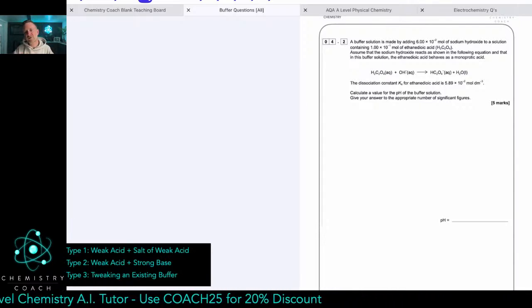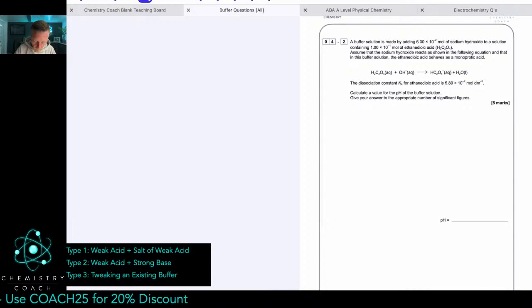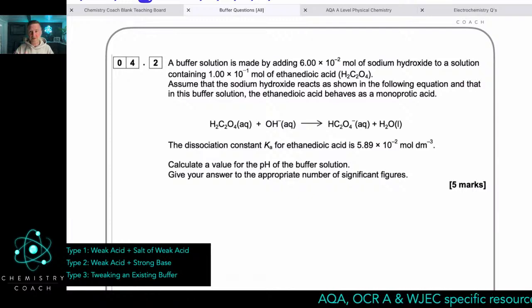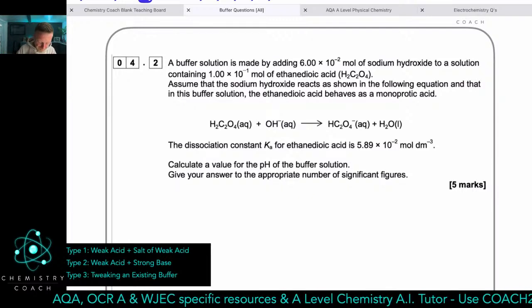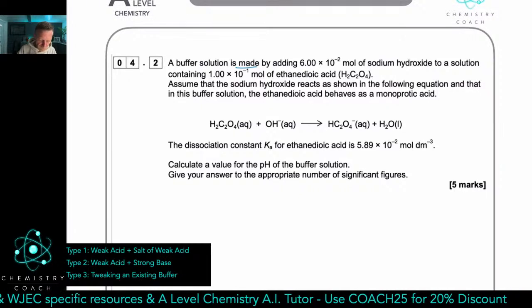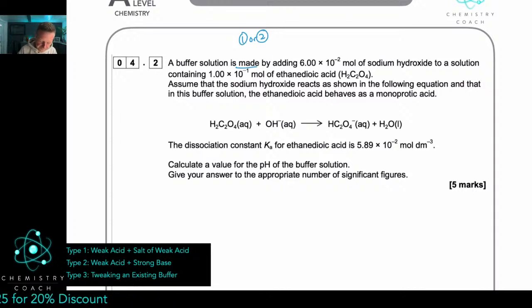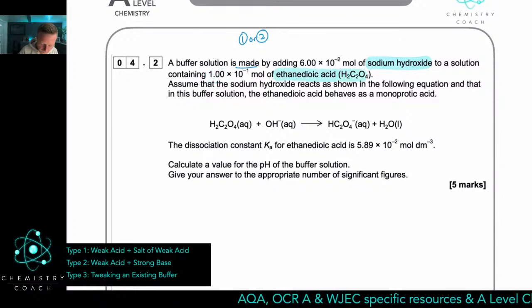So let's have a look and see if we can identify what type of question is what. These are in no order whatsoever, ladies and gentlemen. All we want to know is what type of question we're dealing with, and then of course we know how to deal with them after. So a buffer solution is made, well first of all I know it's type 1 or type 2, by adding 0.6 times 10 to the minus 2 moles of sodium hydroxide to a solution containing this many moles of ethanedioic acid.